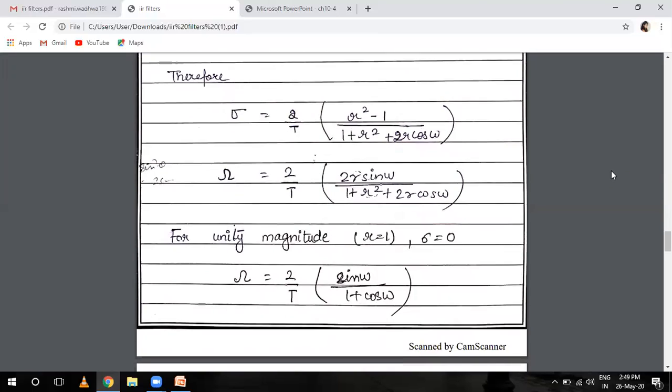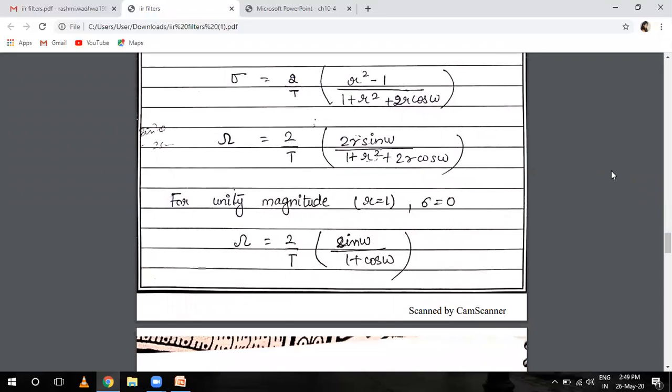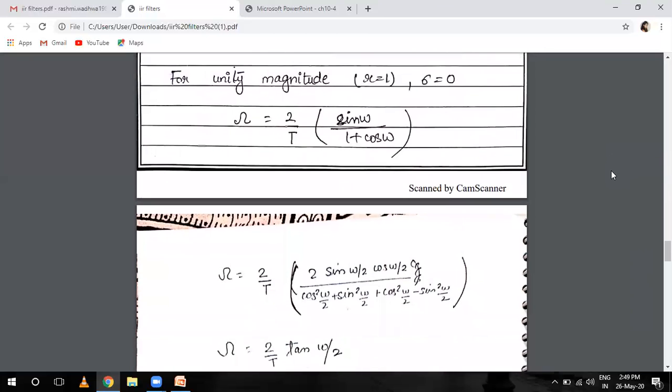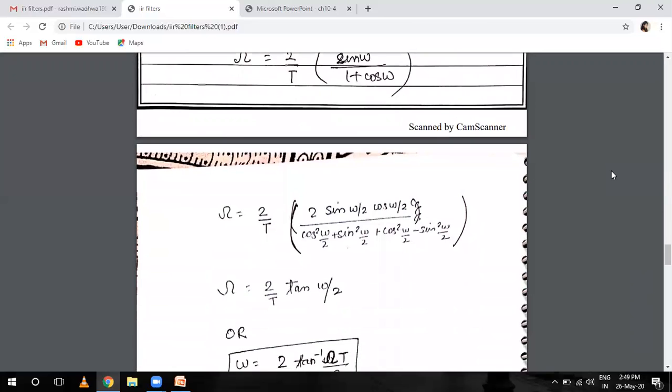For unity magnitude, r equals 1 and sigma equals 0. When putting r equals 1 and sigma equals 0, you will get omega equals 2 by T sin omega upon (1 plus cos omega), and 2 by T sin omega into cos omega by 2, and then 1 equals cos square omega by 2 plus sin square omega by 2 plus cos square omega by 2 minus sin square omega by 2.